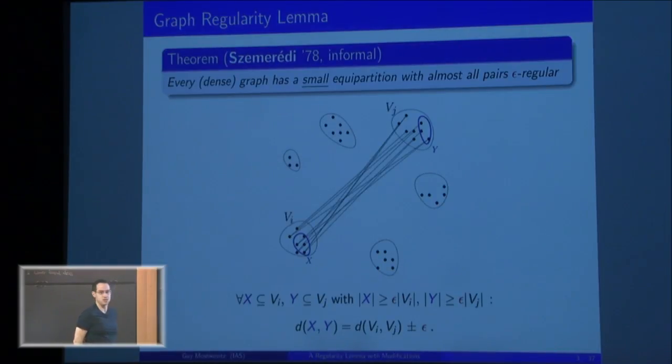The number of parts can be larger than the number of vertices. You can say that the empty graph, the partition in which all the weights are zero, also approximates. You can have one part. So the bottom line is that it's not interesting if your graph has n log n edges or something like that, because epsilon is constant.